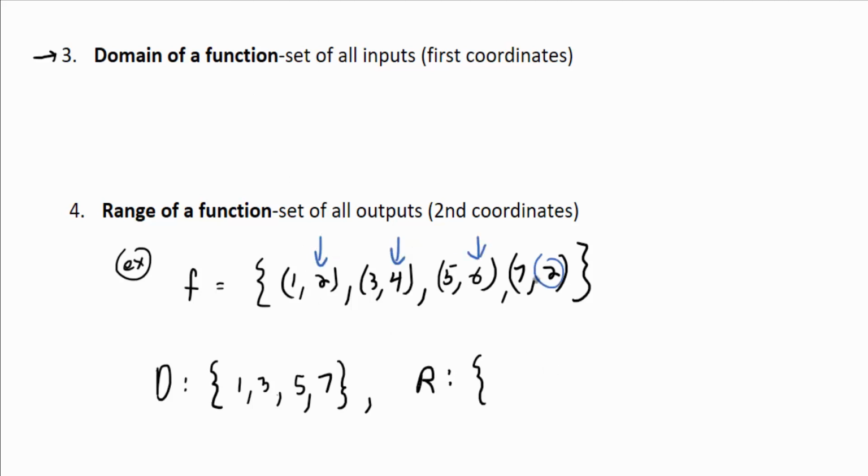Are we gonna write down 2 twice when it sets? No. You're not gonna write down the same element in the set twice. So just 2, 4, and 6. The domain is the set of all inputs of a function, set of all first coordinates. The range is the set of all outputs, set of all second coordinates.